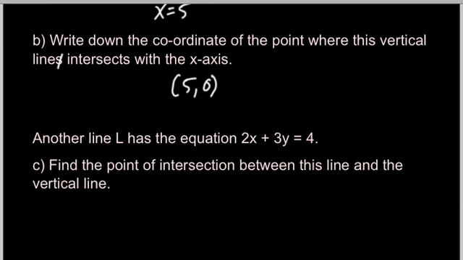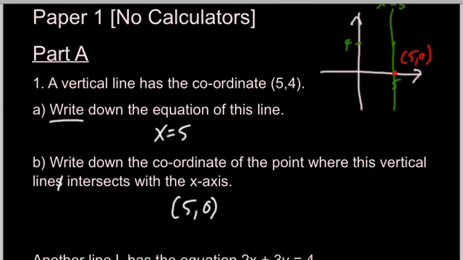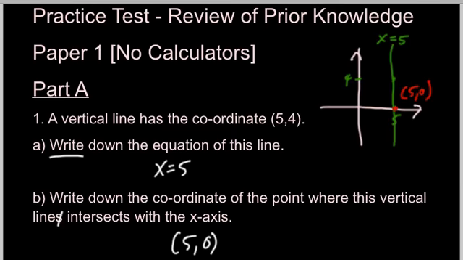What they're really saying is that there is some other line that intersects with the vertical line, and we want to find the point of intersection. Remember that we have x equals 5, so we have one of the coordinates of this point.